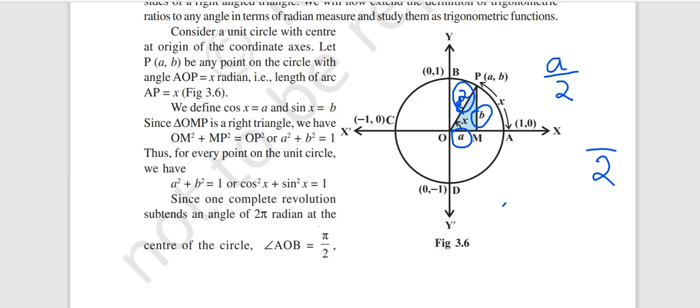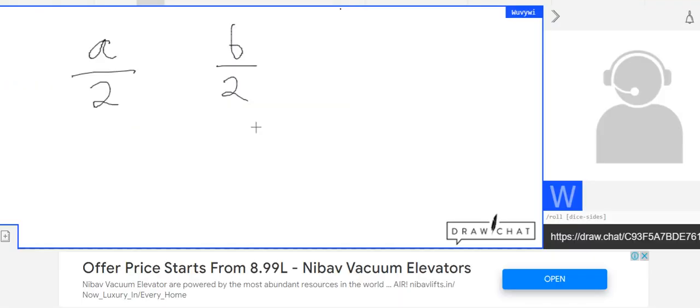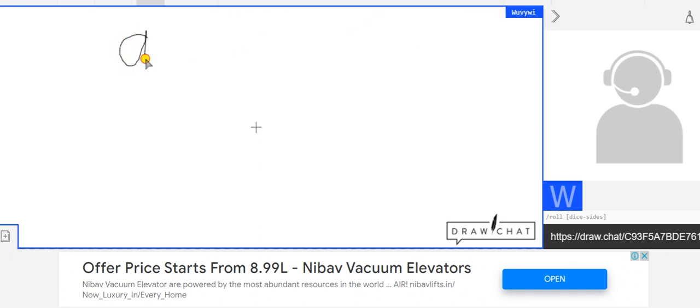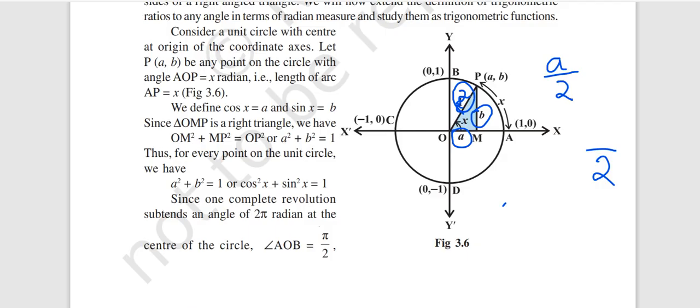So what we get is two equations here. We get a square plus b square equals 2 square. How does a square plus b square equal 2 square? Because this is a right angle triangle, and a and b are the legs of this triangle.